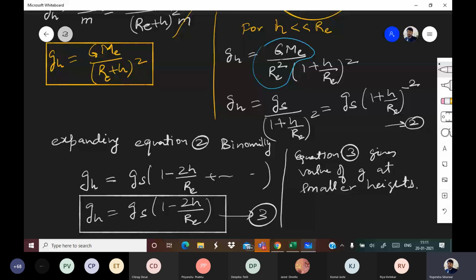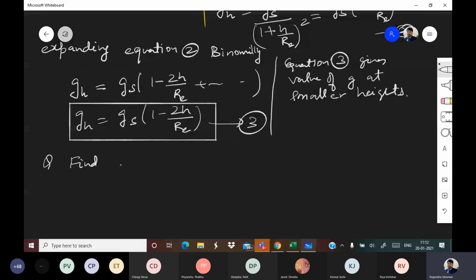So even the height of Mount Everest can be taken as small, and the formula can be applied for that also. Radius of Earth is 6,400 kilometers.